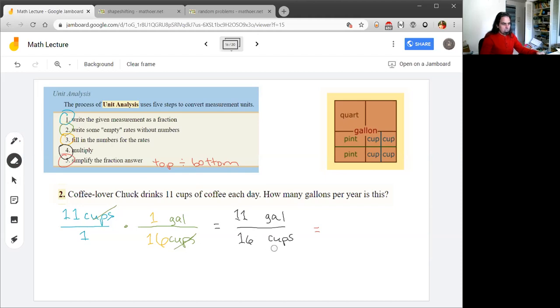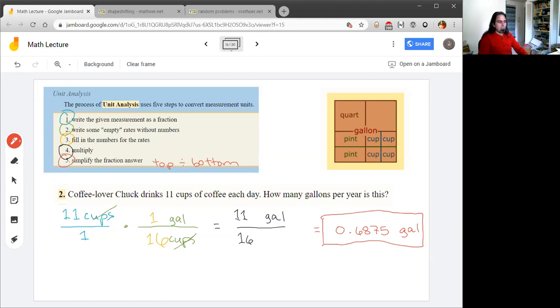Whoops, I made a mistake. There's no cups left. I don't want to talk about how much to round this, round it or not. Who really cares?